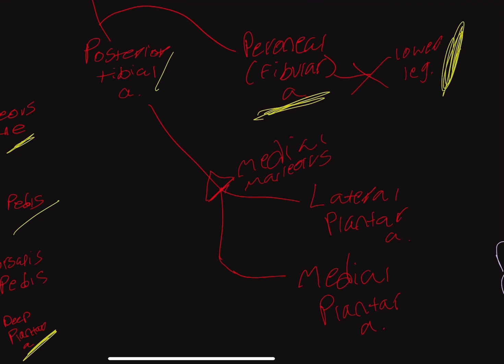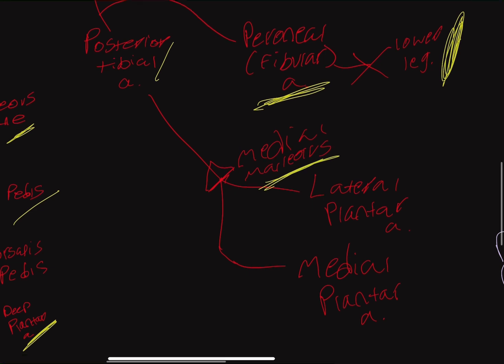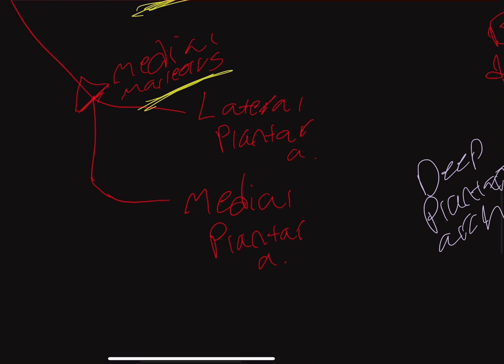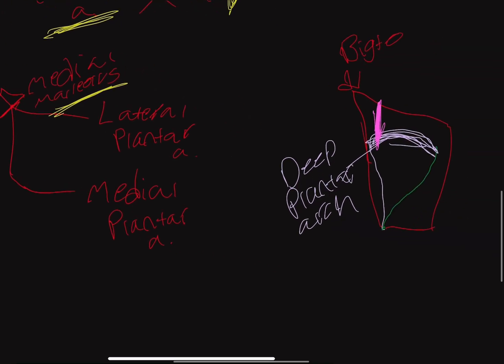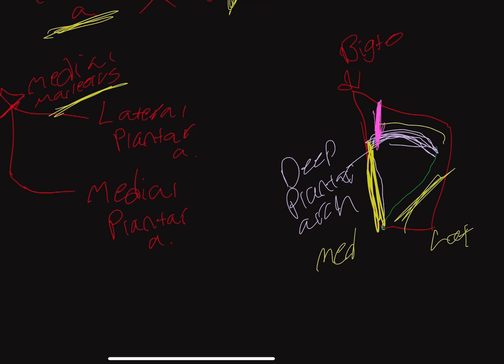But that posterior tibial can travel behind that medial malleolus and wrap under the foot, where you'll get your lateral and your medial plantar. So that lateral and medial plantar, like I said, this one right here is going to be your medial. This green one right here is going to be your lateral. And then this arch that's created between the two is your deep plantar arch, right?